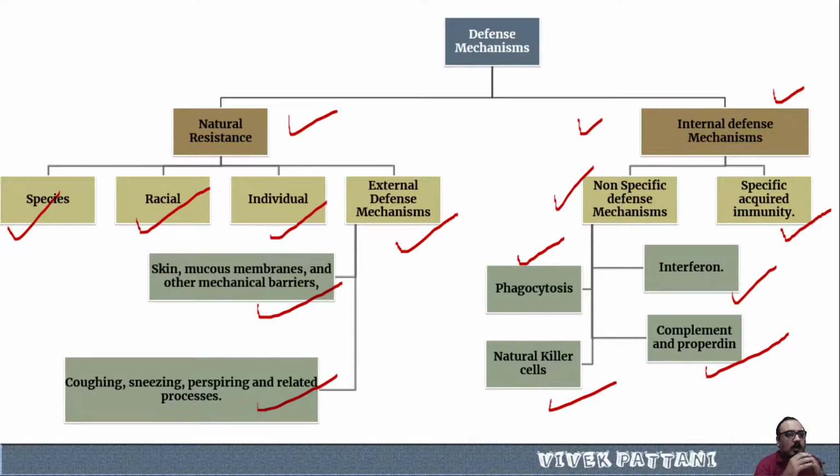A well-known example is Brahman cattle, a type of cattle which are resistant to the protozoan parasite responsible for tick fever in other breeds of cattle. This type of resistance is an inherited racial characteristic and is indicated by the fact that crossbreeding the highly susceptible Texas horn with the Brahman cattle produces a resistant variety.